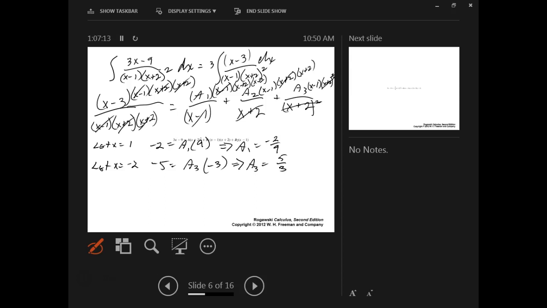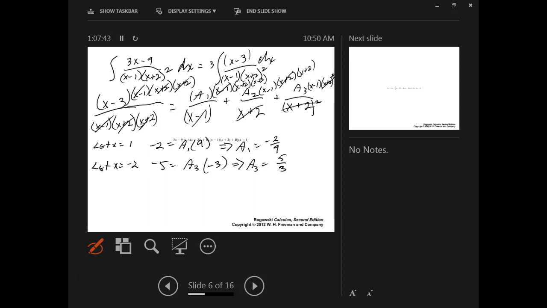Now, we've run out of things to let, haven't we? Okay? We still have no clue on A2, do we? So what we have to do at this point is plug in what A1 is, plug in what A3 is, and see what we've got left.